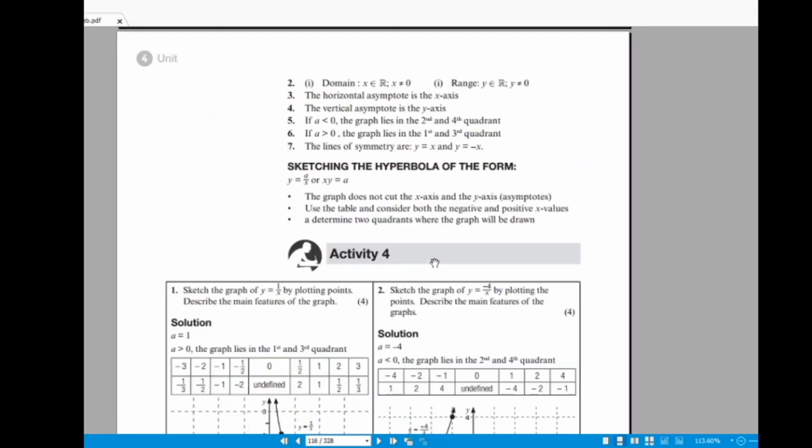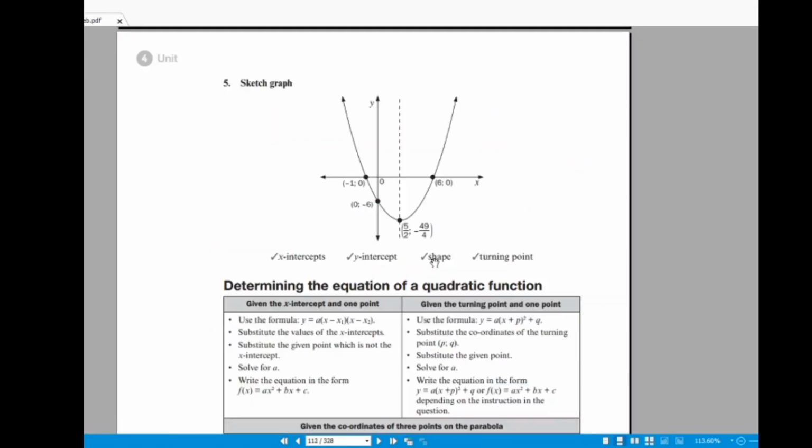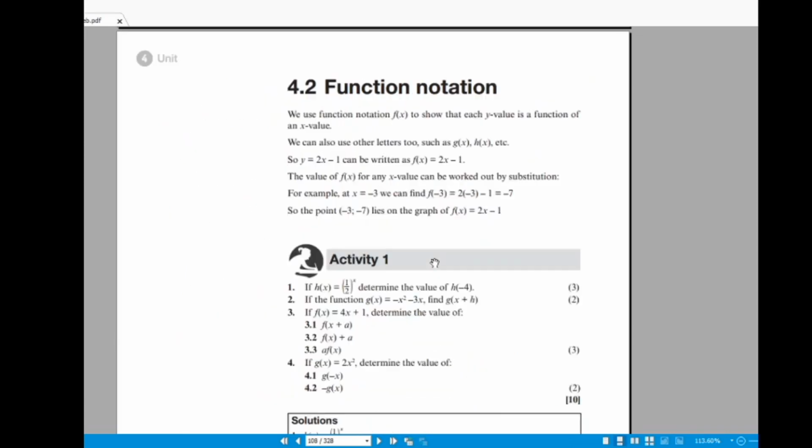So yeah, remember when we started with this revision of functions, I did mention this exercise here.